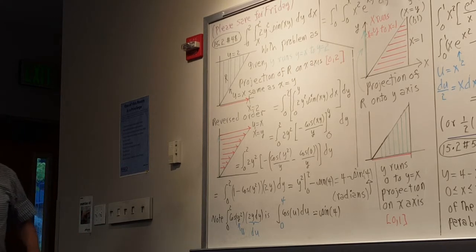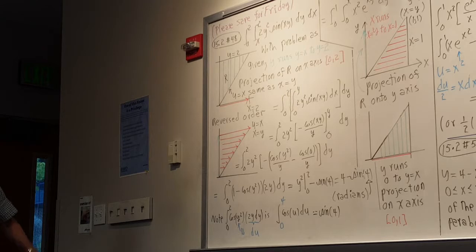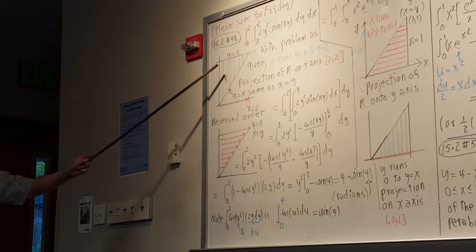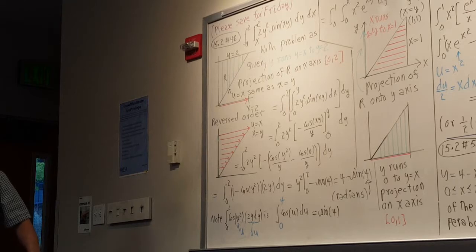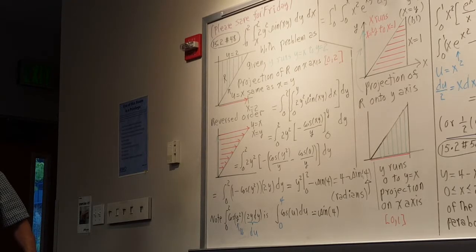It's probably easier to understand if you actually take the time to draw the region twice, once with the arrows one way and once with the arrows the second way.